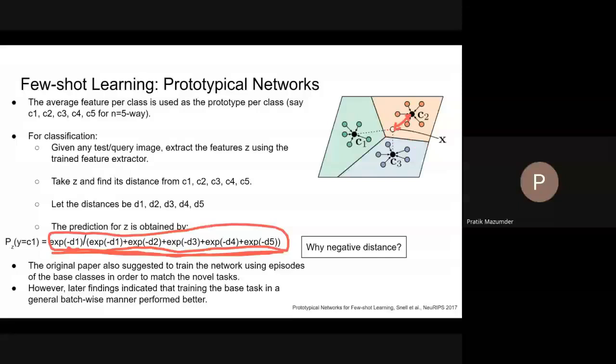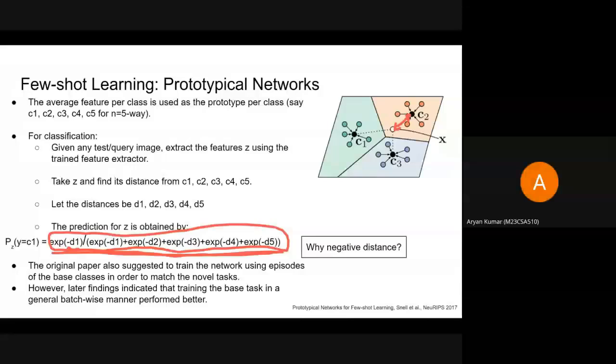And that's how you'll be able to identify your predicted class. If it is still not clear, you can try a set of values ranging from, say, 5 to 25 and place it in that equation, and you will see that the one with lower distance will get a higher probability.